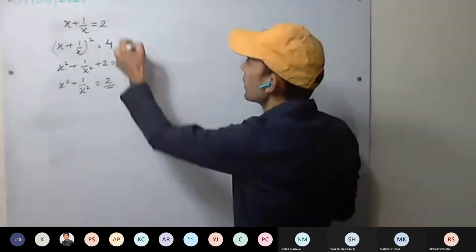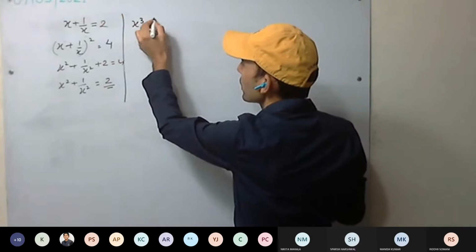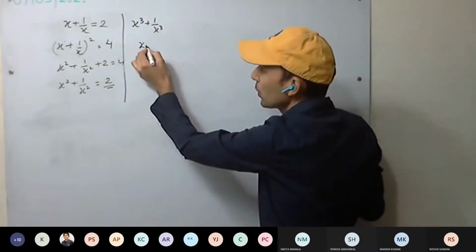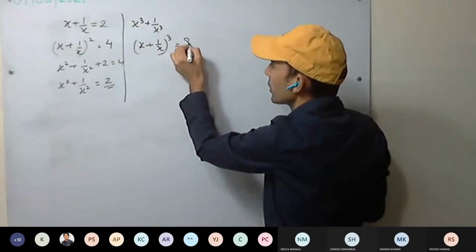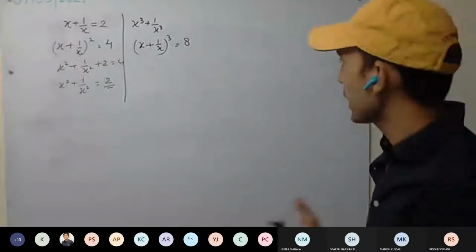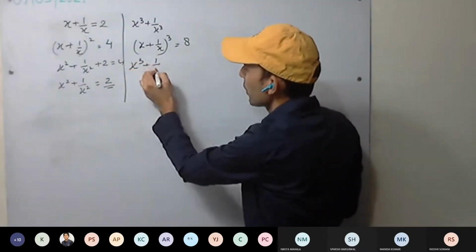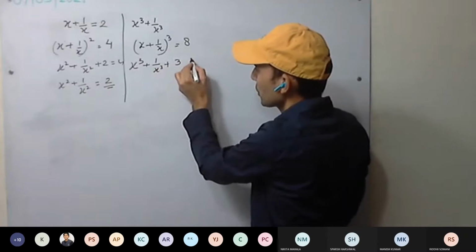This is clear. Next one, x cube plus 1 upon x cube, we have to calculate. Again, cube on both sides, equal to 8. Are you solving? Keep solving. x cube plus 1 upon x cube plus 3ab, x into 1 upon x.